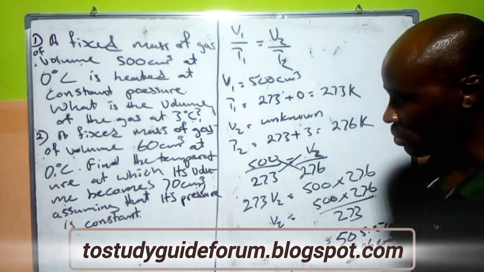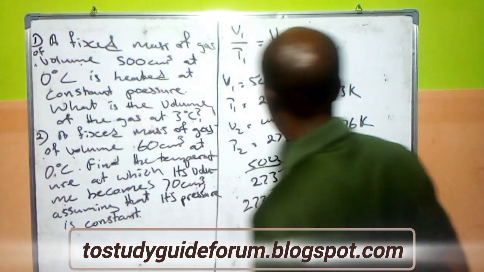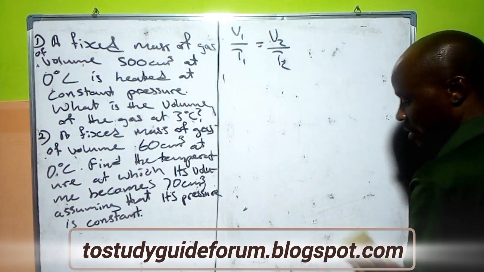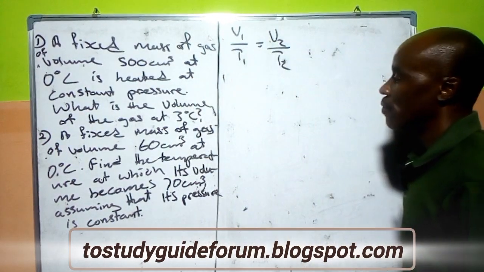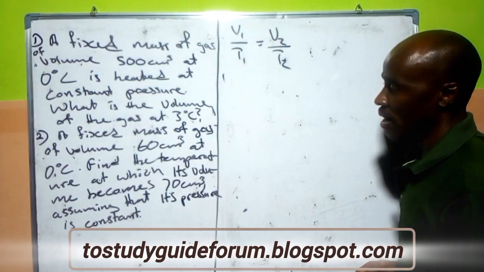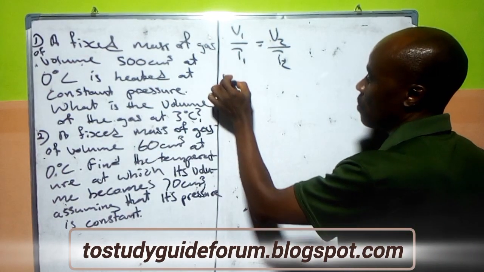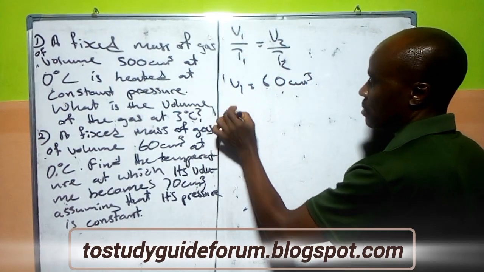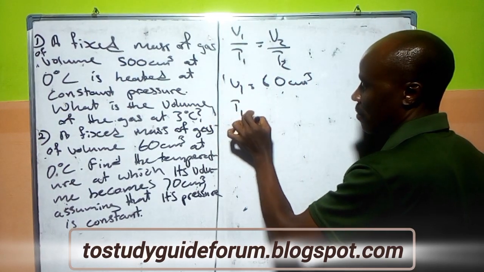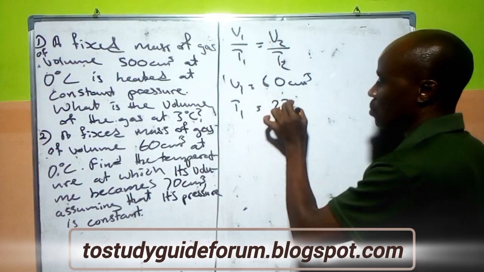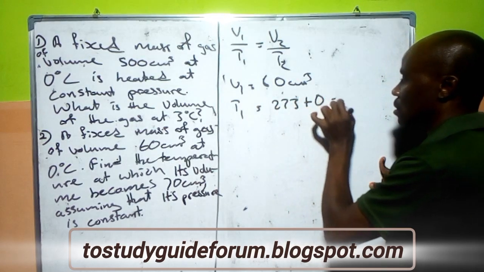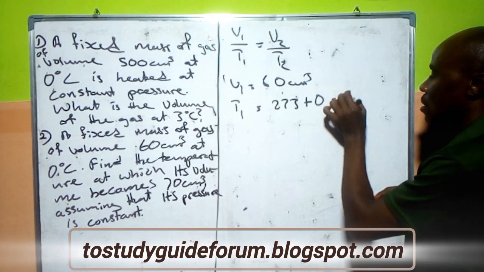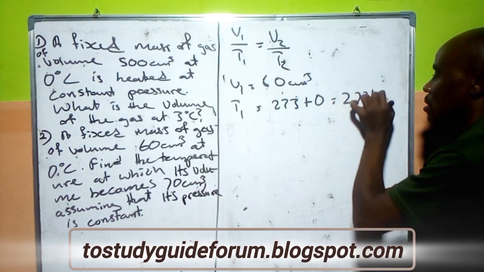Since the pressure remains constant, we are applying the same formula that we have already. We substitute everything. V1 is 60 cm³, and our first temperature is 273 plus 0, which gives us 273 Kelvin.